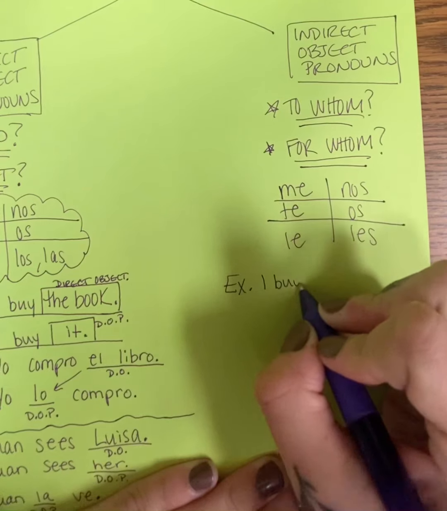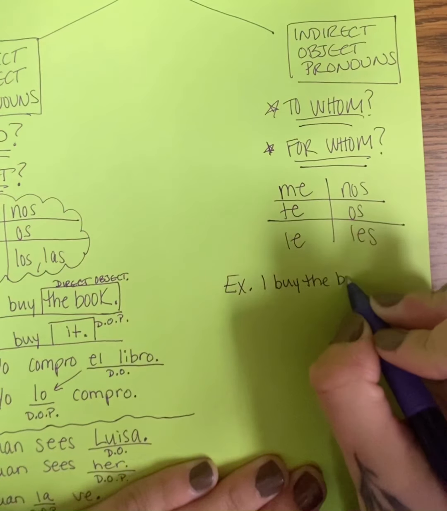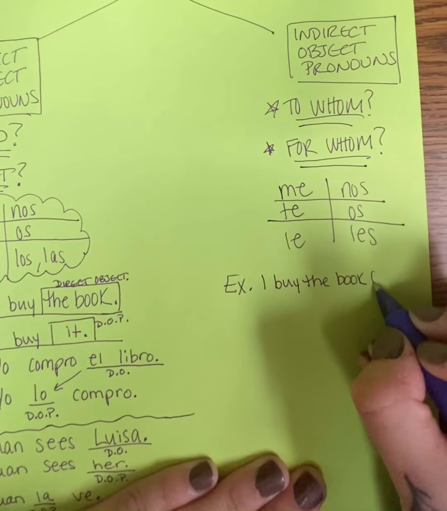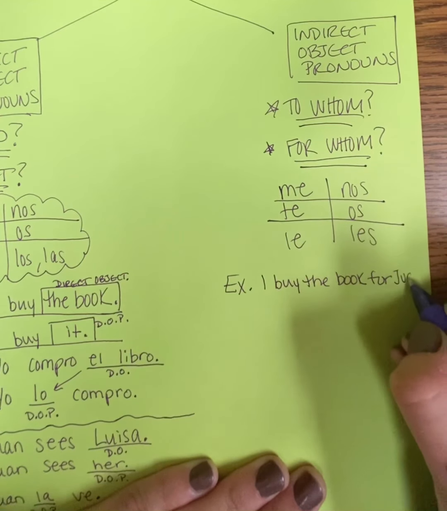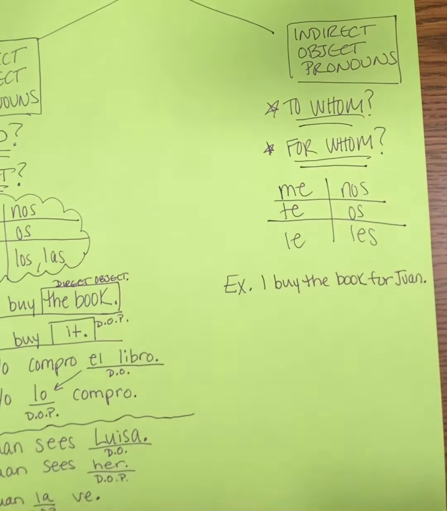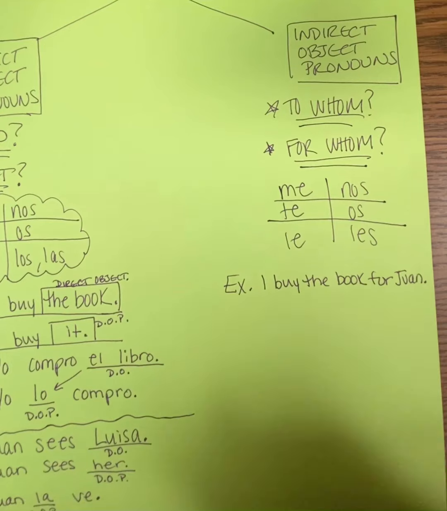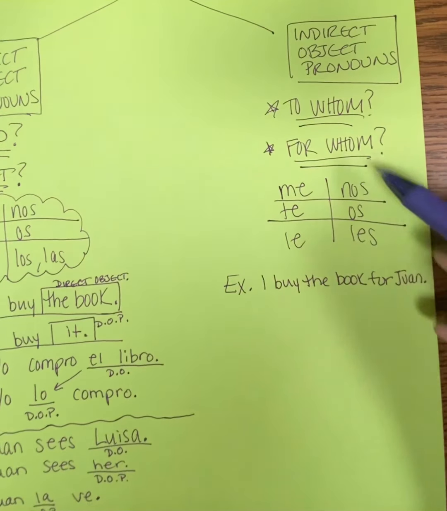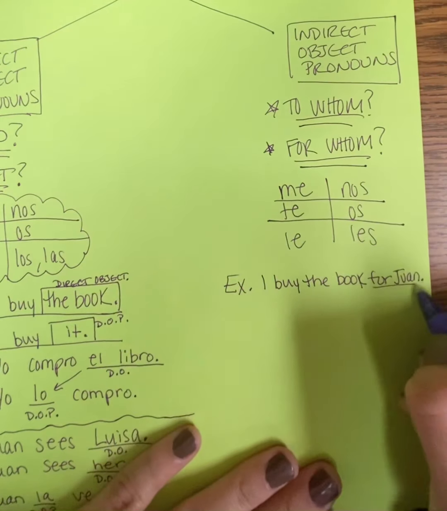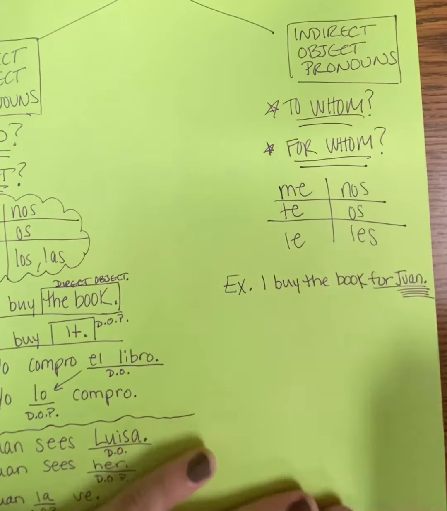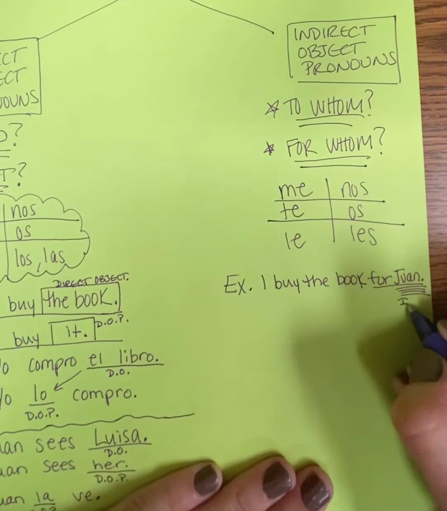I buy the book for Juan. For whom do I buy the book? For Juan. Okay, so Juan is our indirect object.